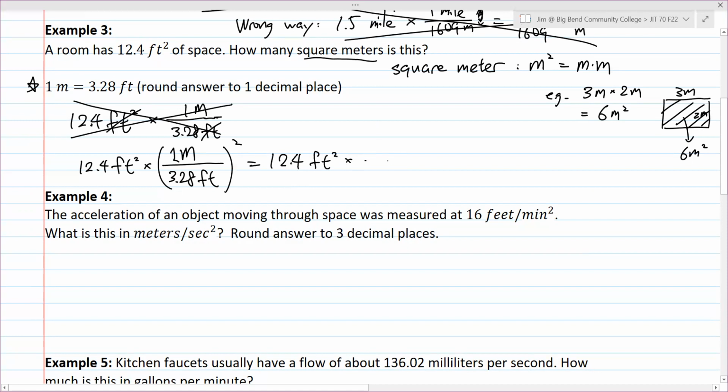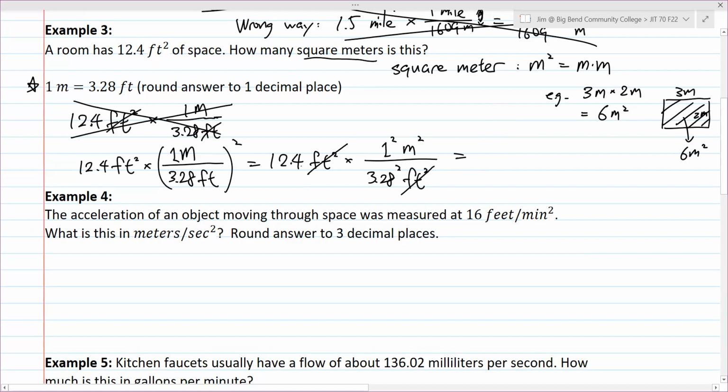If you square the entire fraction, then everything is squared. 1 squared, meter squared, over 3.28 squared, feet squared. Everything is squared in the fraction. That is a rule we follow. And then now the feet squared are divided out, okay? And then what would you get, right?